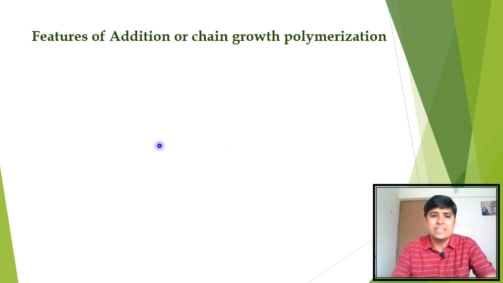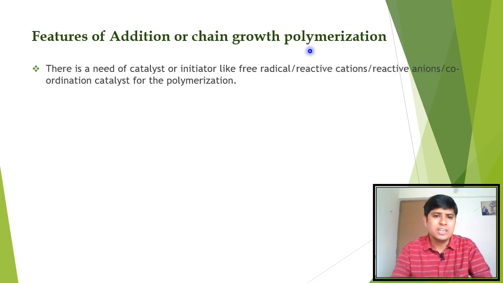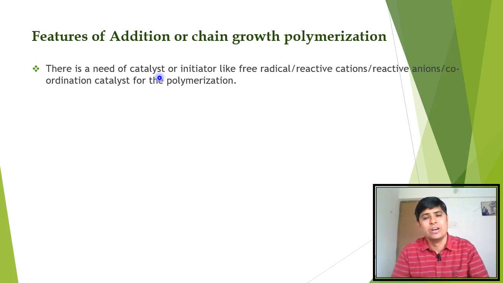Now let's see the features of addition or chain growth polymerization. The first feature is that there is a need for a catalyst or initiator, like a free radical, reactive cation, reactive anion or coordination catalyst, for the polymerization.